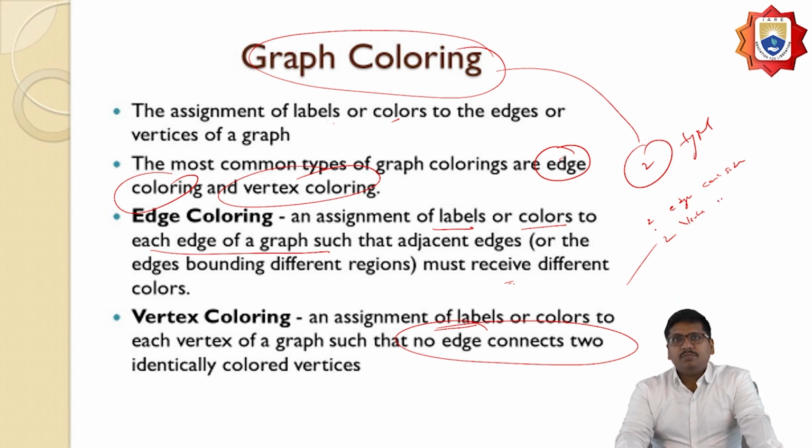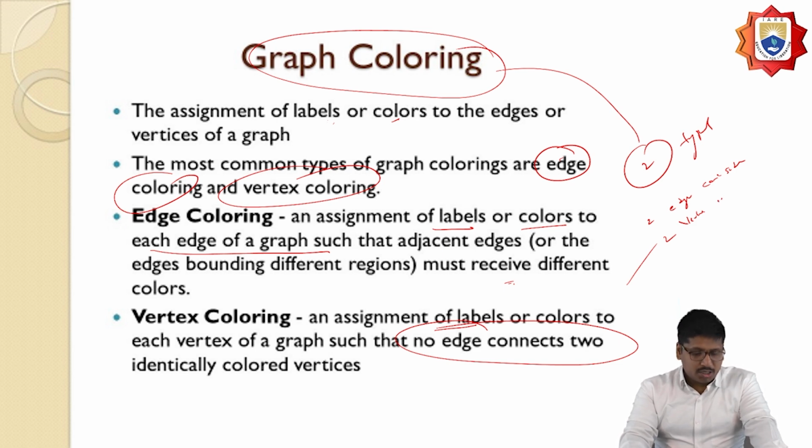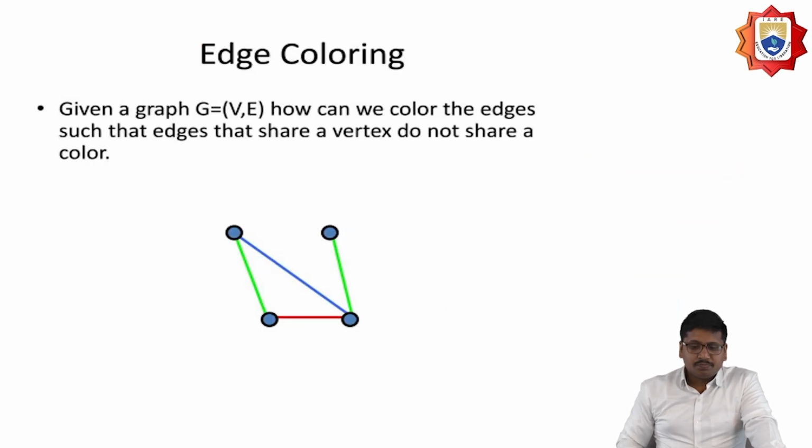So that is the problem of edge coloring and vertex coloring. The assignment of labels or colors to each edge of the graph is such that adjacent edges must receive different colors.